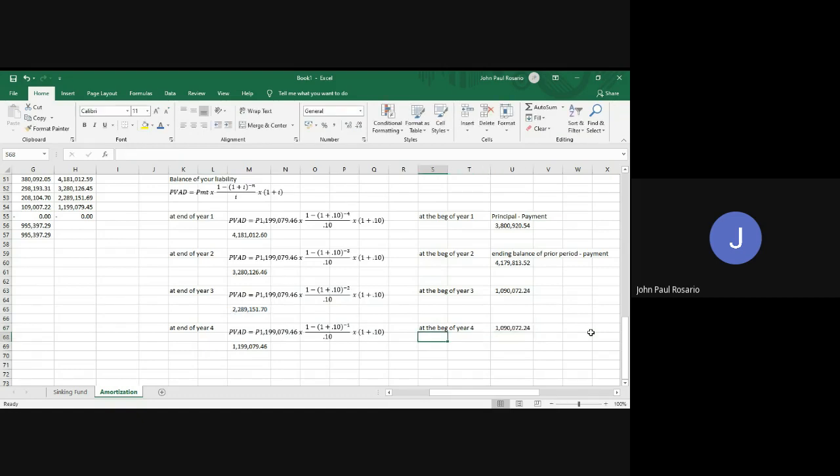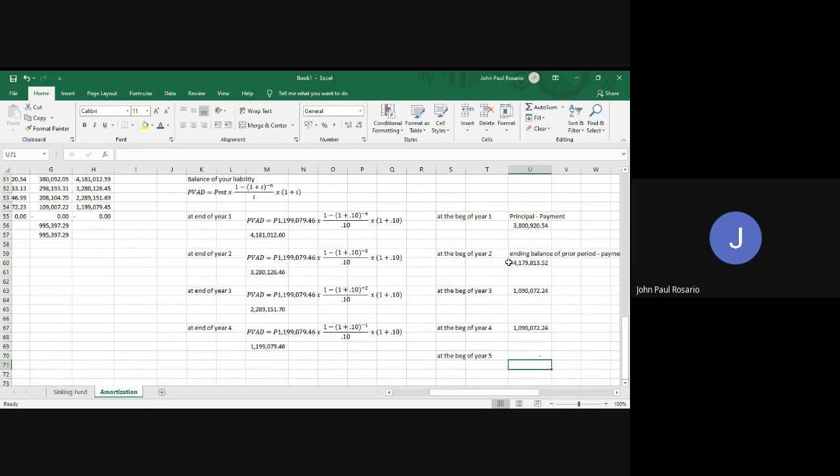And then the balance at the beginning of year 5 is simply the balance at the end of year 4, and then we deduct our 1,199,079.56. So at the beginning of year 5 there is no balance because the debt is fully paid.